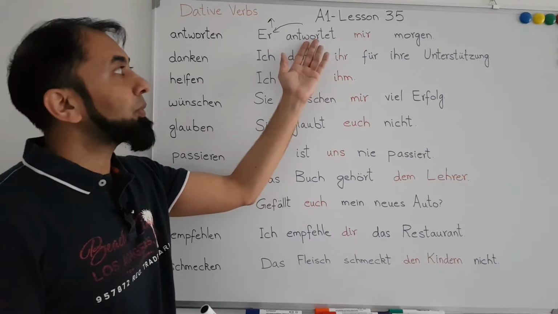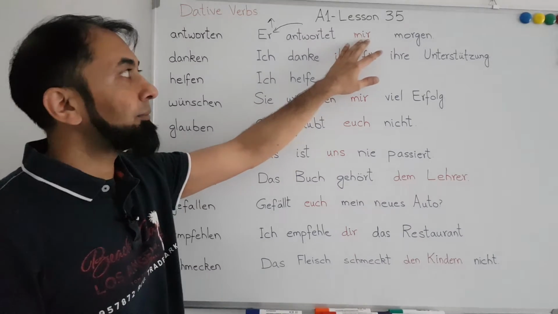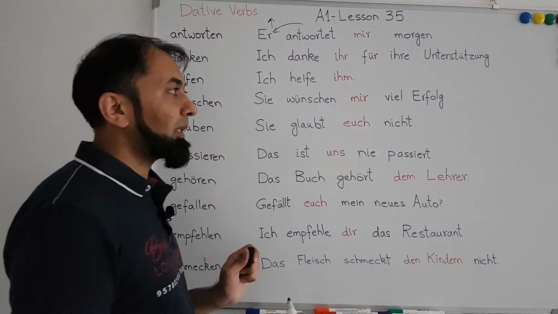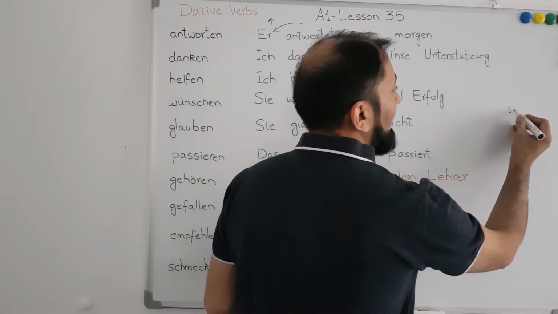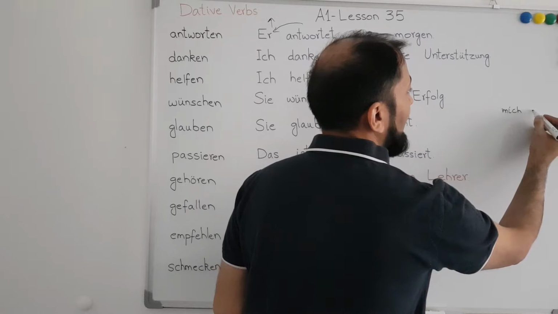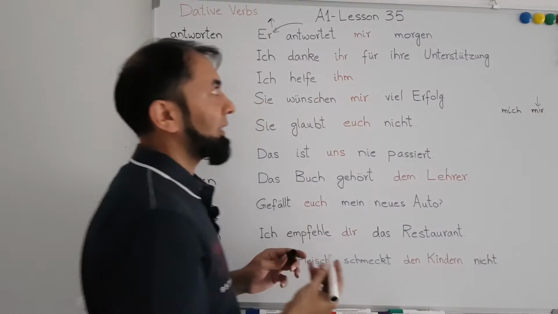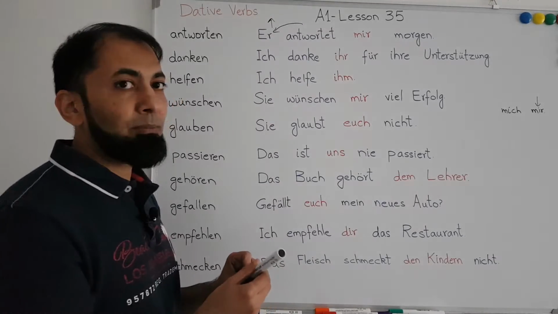Because the verb we are using here is a dative verb, therefore, the personal pronoun which is being used as an object in this sentence, we will take it from the dative. We know that the personal pronoun in accusative is mich, and for dative it is mir. So we have used the one from the dative case. Er antwortet mir morgen. He answers me tomorrow.